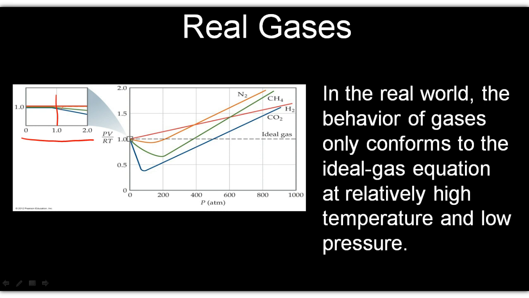As the pressure of a gas increases, you get some odd behavior. There are deviations initially, which appear to decrease the number of moles, and then it appears to go up. So we know that this ideal gas equation isn't perfect.